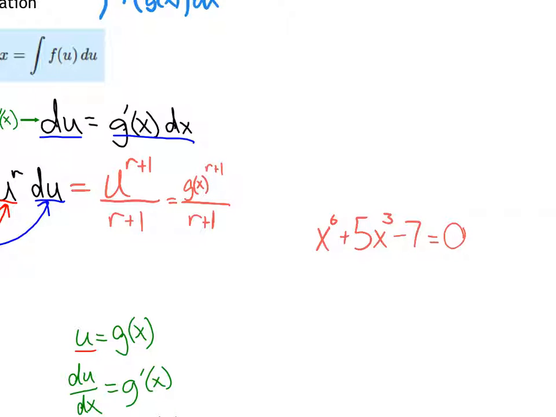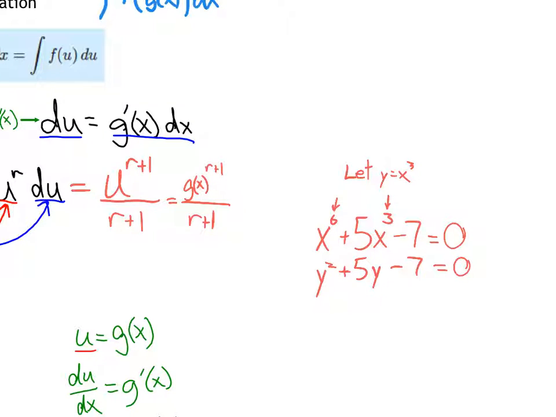And we wanted to solve for x. Well, we could use the quadratic formula because this power was twice as much as this power was. So what we did in our heads is we said, okay, I'm going to let y equal x cubed. And I'm going to treat this equation as y squared plus 5y minus 7 equals 0. And then you did the quadratic formula, right?